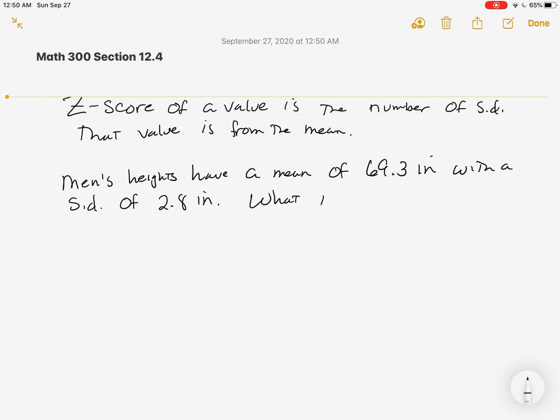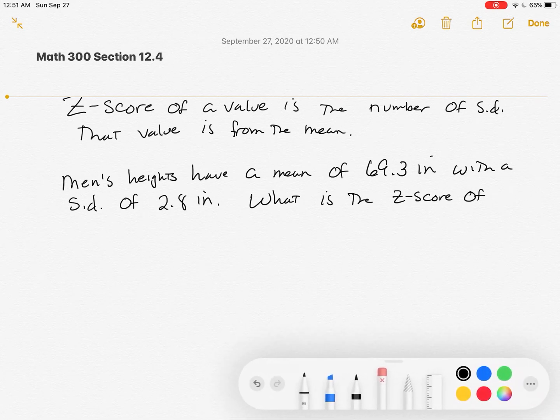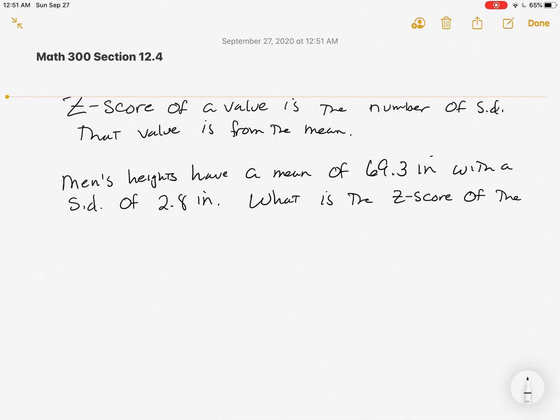What is the z-score of a person? Let me not say of a person, of the height, right? A person would have this height, of the height 72 inches. So that could be a question that they ask.